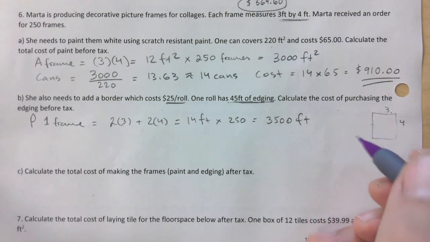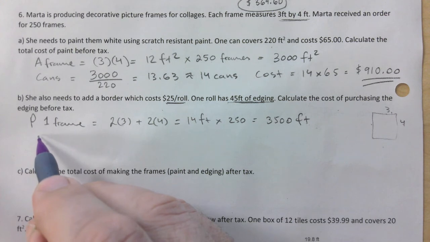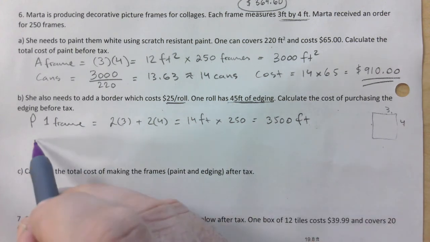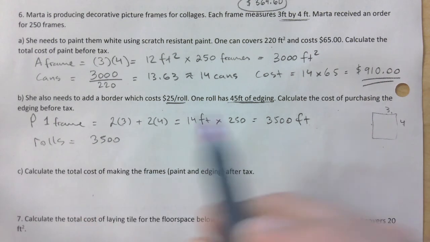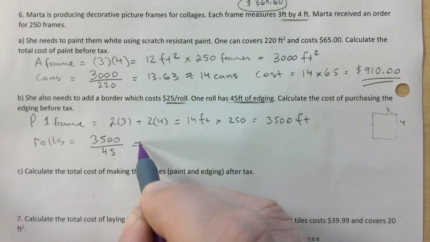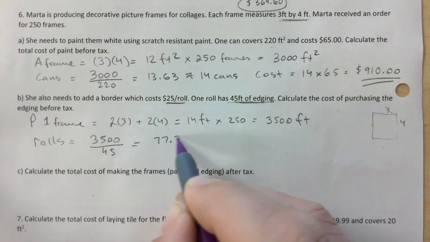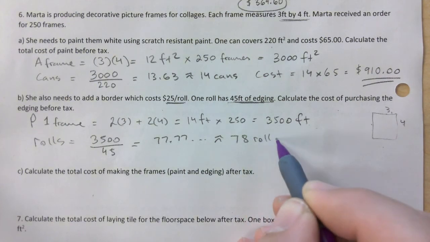We're almost done, guys. And so I'm just going to finish this question. So how many rolls do you need? 3,500 divided by 45 that fit in one roll, which is 77.77, which is approximately 78 rolls.